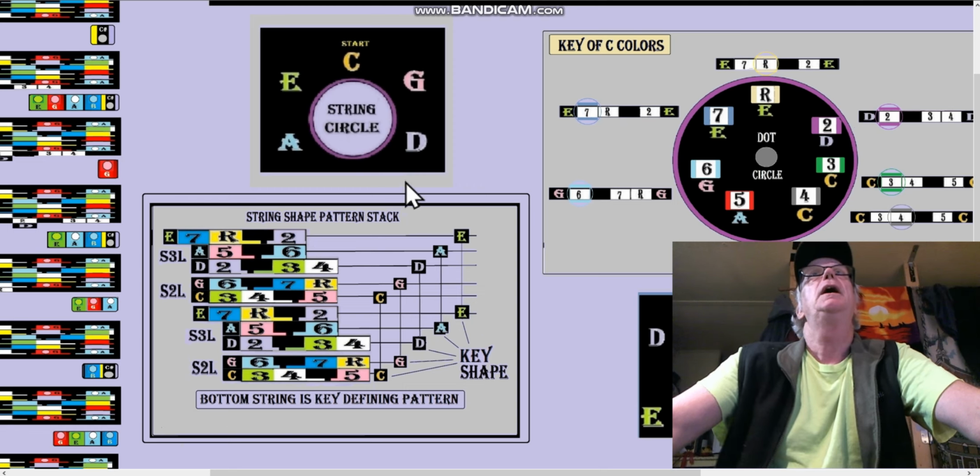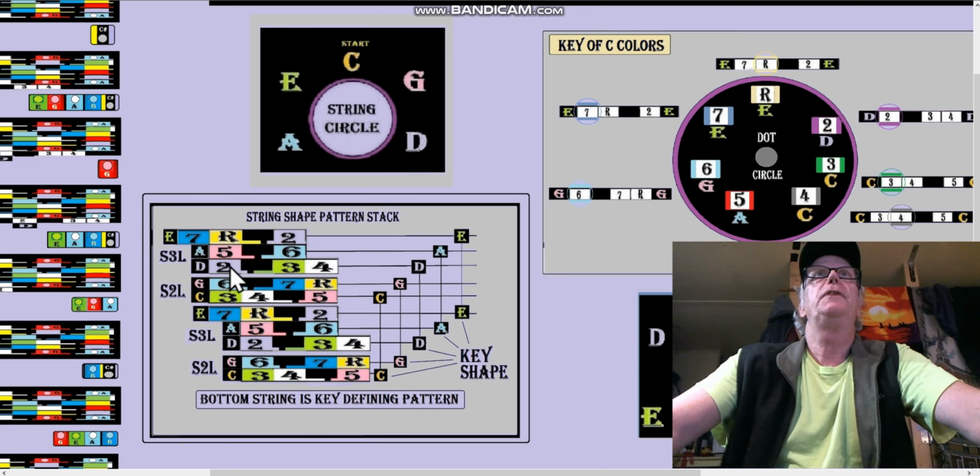But guess what? I found it's a lot more helpful to count down these things. So instead of counting 7 root 2, let's go to the A shape 5, 6. We'd go 2 root 7. The fourth of E is A, 6, 5. The fourth of A is D, 4, 3, 2.